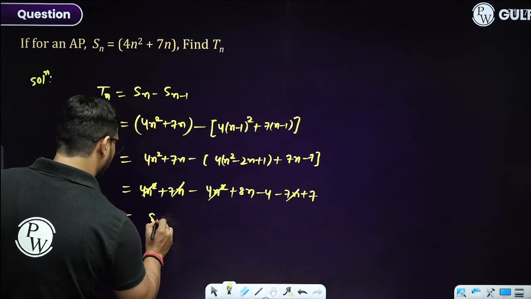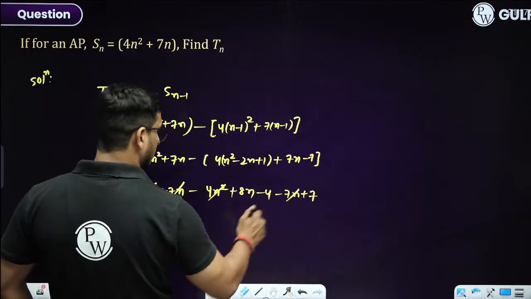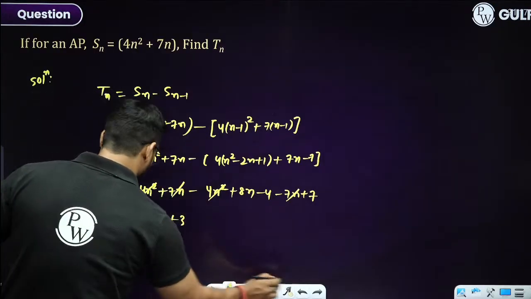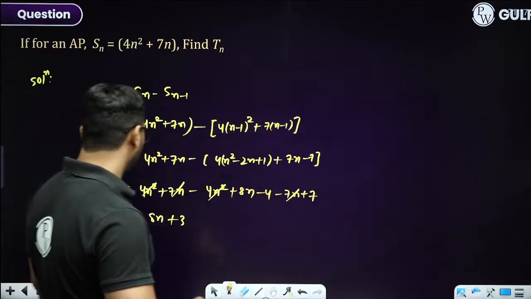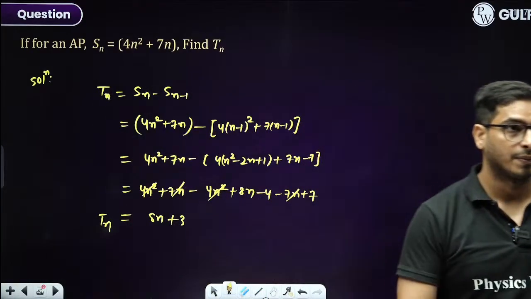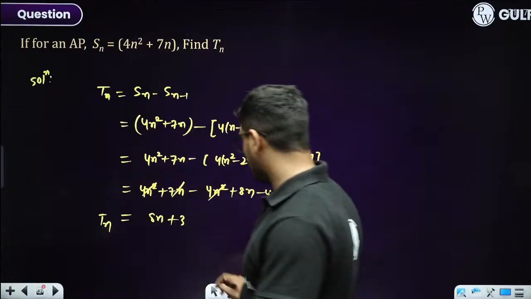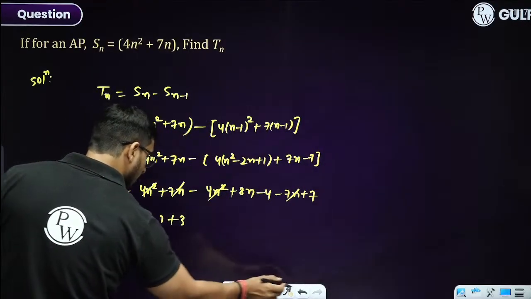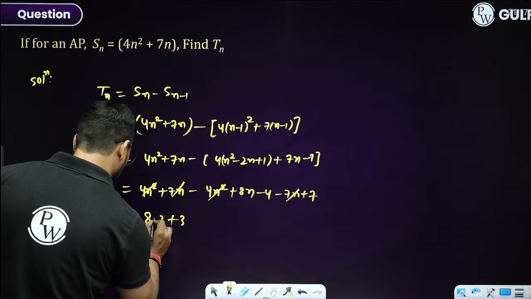So what do we have? 8n plus 3. See, we got Tn. Understood? Tn is linear, 8n plus 3.